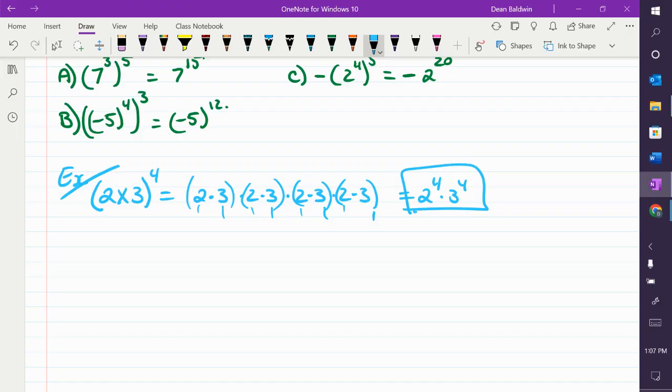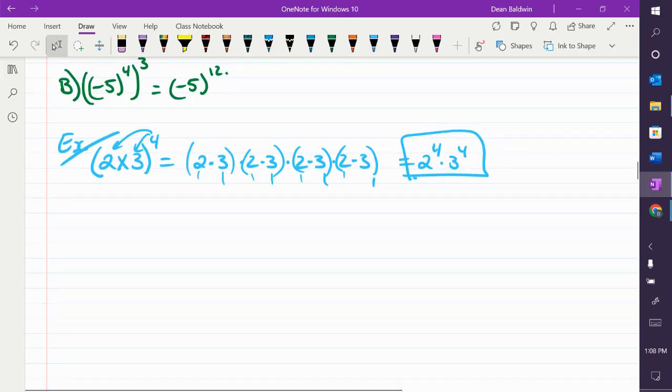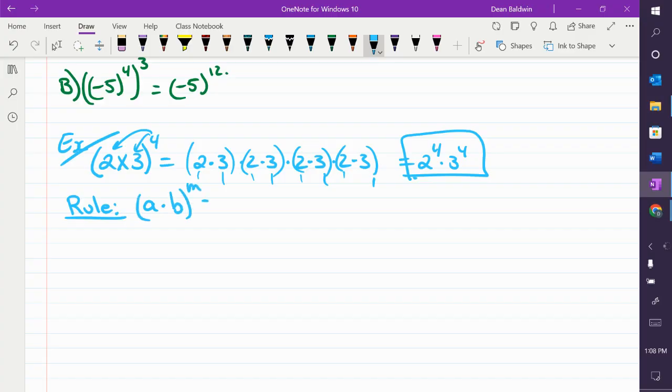So if you have an exponent with 2 numbers being multiplied inside the brackets, that exponent goes to each number. The way we write that is a times b to the power of m is a to the m times b to the m.